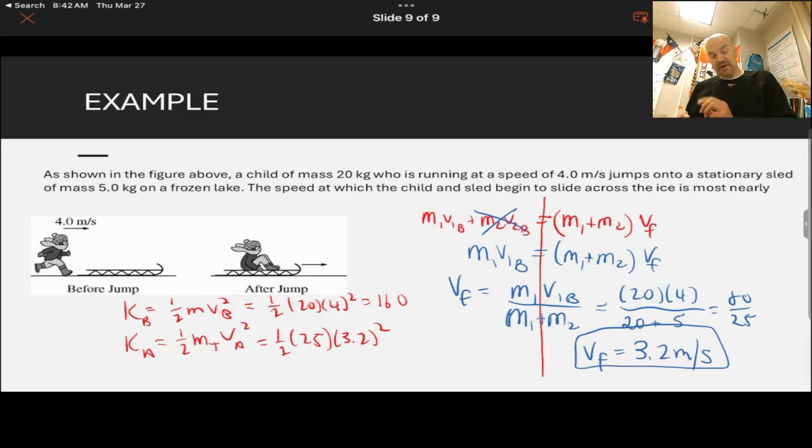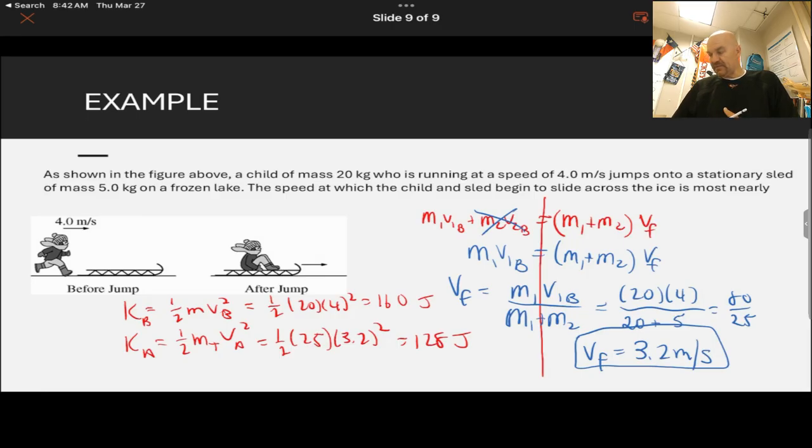So 0.5 times 25 times 3.2 squared gives 128. As expected, our kinetic energy did go down. During the collision, they lost 32 joules of energy.